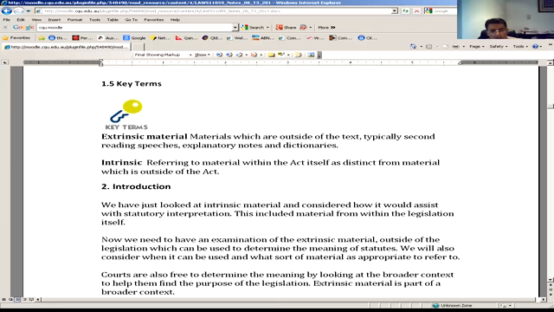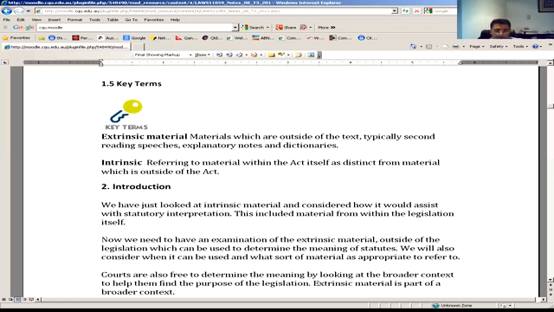The key terms will obviously be extrinsic, being outside of the text of the Act, and the focus there traditionally has always been on the second reading speeches by the relevant minister in the Parliament, and of course to some extent where the relevant minister might answer questions about the relevant enactment or amendment to the enactment in the Parliament, explanatory notes and dictionaries.